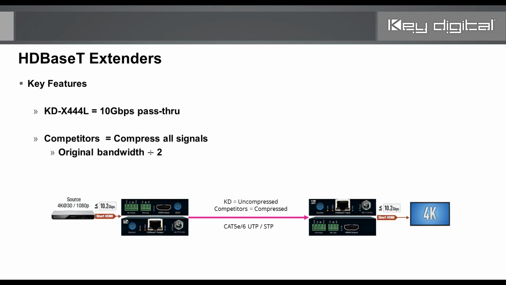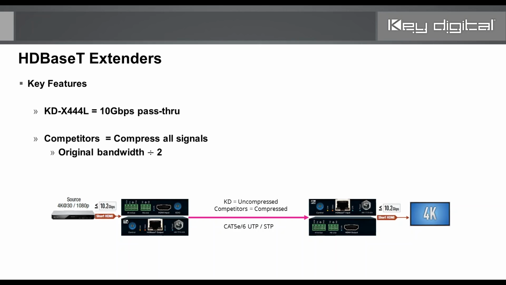So KeyDigital's X444L is able to pass through a 10G signal or any signal less than or equal to 10G, whereas all the competitors that we've seen are actually compressing every signal that goes through those parts. So it becomes a big problem because anytime you're not doing 4K, you're compressing your signal. 4K 18G gets compressed, that makes sense, but it doesn't make sense to compress it otherwise.